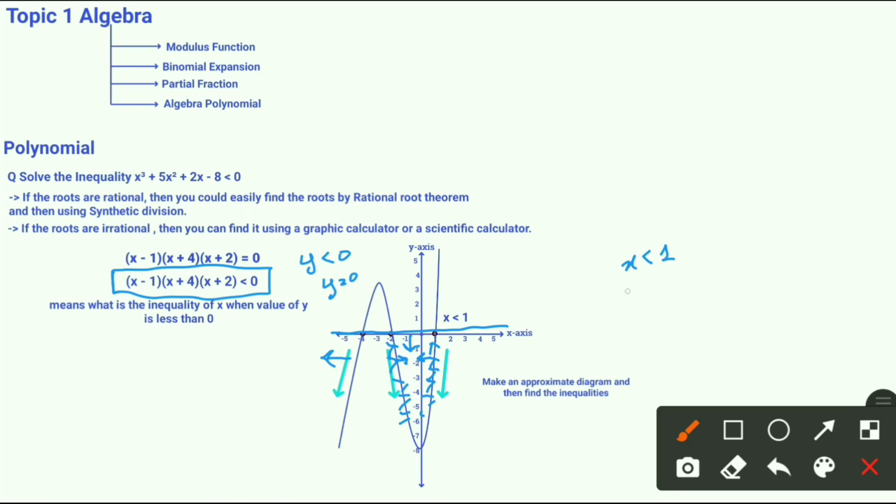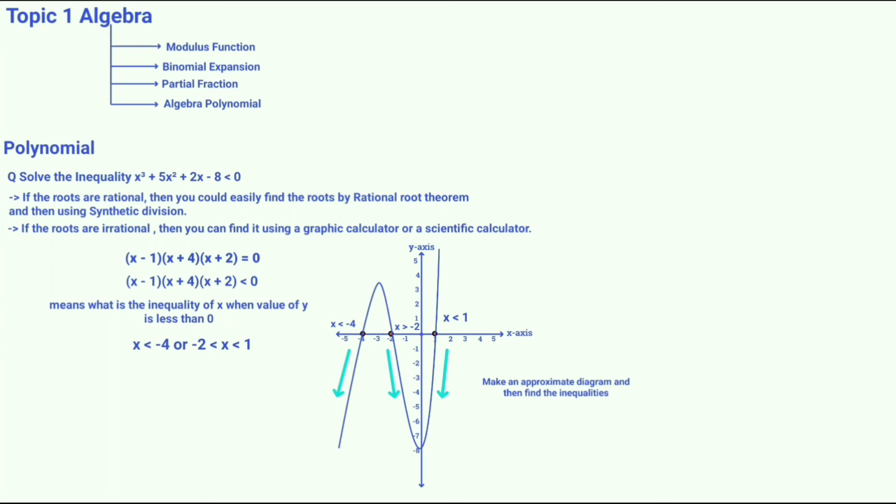So x less than 1, x greater than minus 2, and x less than minus 4. Okay, there you go. This is the answer.